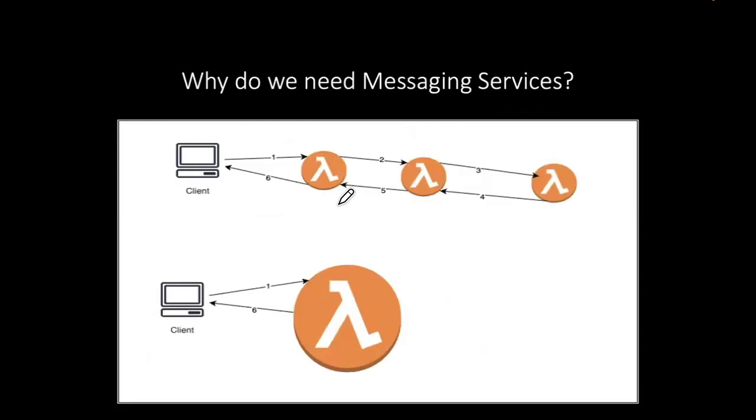Now, what I'm showing you here doesn't involve using messaging at all. In large serverless applications, you're going to have lots of lambdas, and maybe those lambdas need to communicate with one another. That's what I'm trying to get across here.